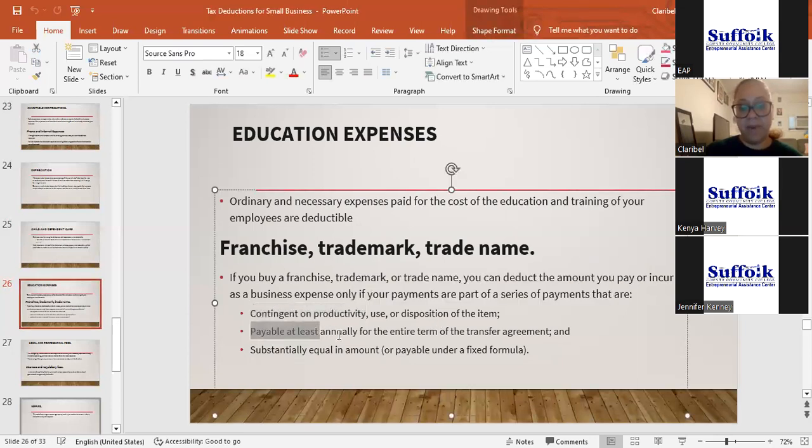If it's payable at least annually for the entire term of the transfer agreement and substantially equal in amount or payable under a fixed formula. All this will be in your contract if you buy a franchise, and then you will have your accountant and your attorney look at these things, and they will advise you how much of that is deductible, which most of it will be.